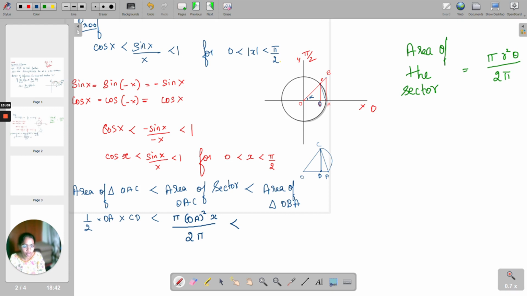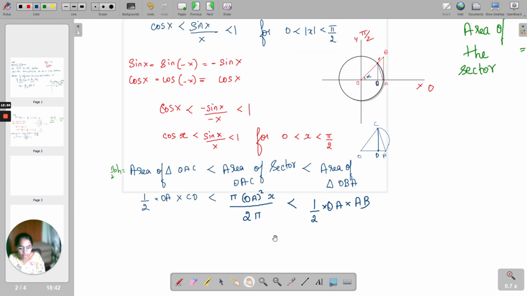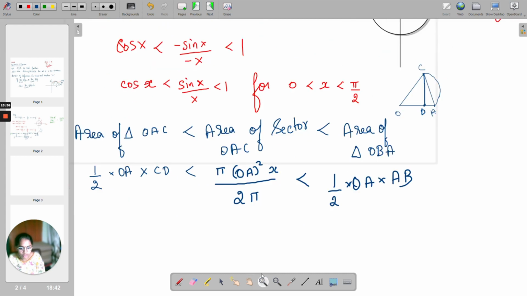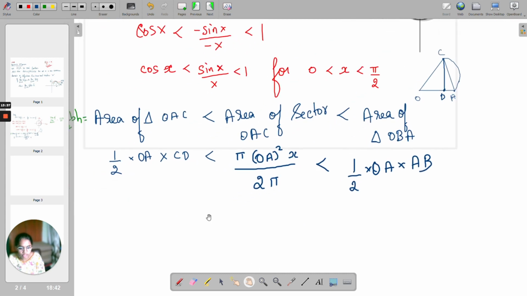Now what is the base of triangle OBA? Base is OA, into the height, that is AB, right? So you see, OA is present in all the terms, so let me cancel that out.